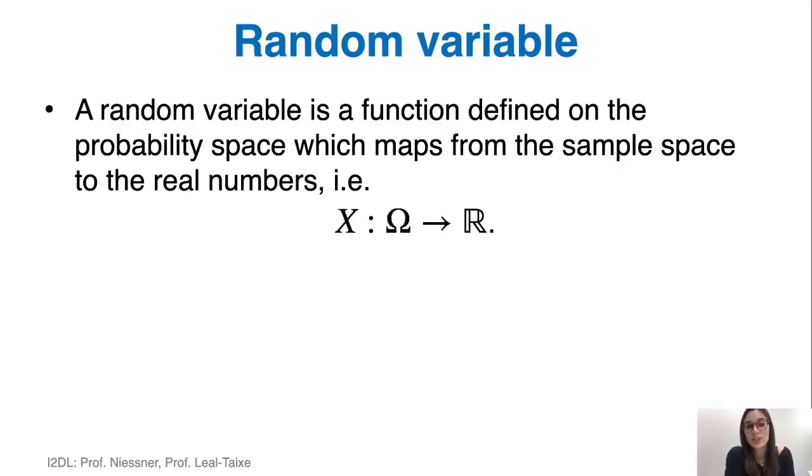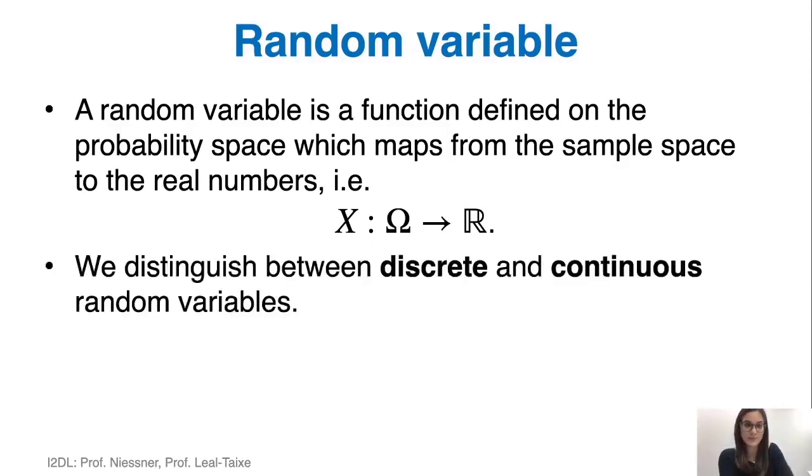So the definition is: X, which is the notation for our random variable, goes from our space omega into the space R. For each element in our sample space, we assign an element in R. And for random variables in general, we distinguish between 2 settings, namely the first one being the discrete setting and the second one being the continuous setting. So we're going to have a look at examples for discrete and continuous settings.